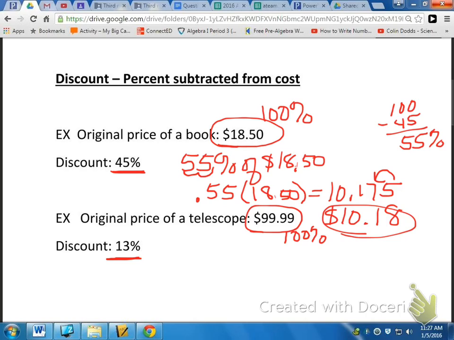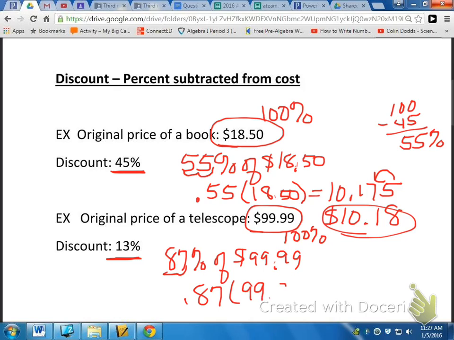Good job. So 100 minus 13 makes it 87% of $99.99. And that's what we write our problem from. So 87% is 0.87 times $99.99.